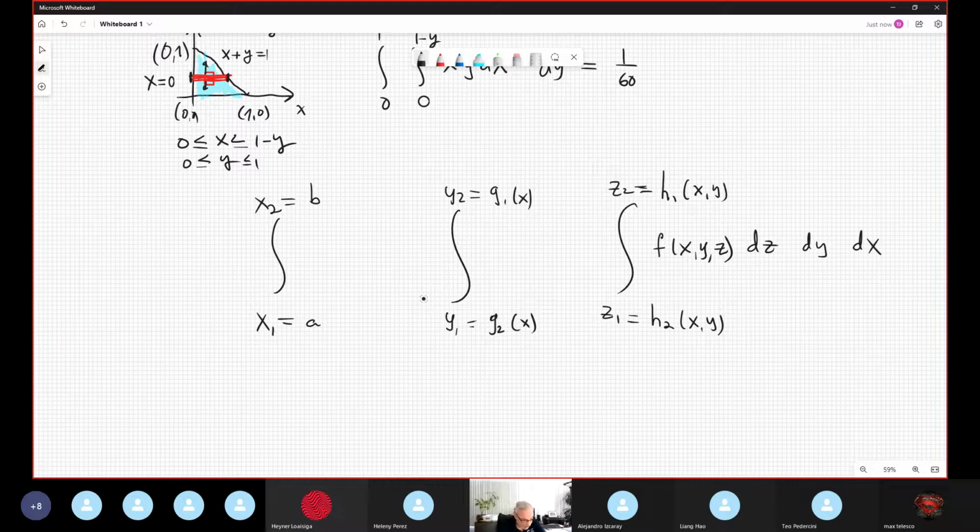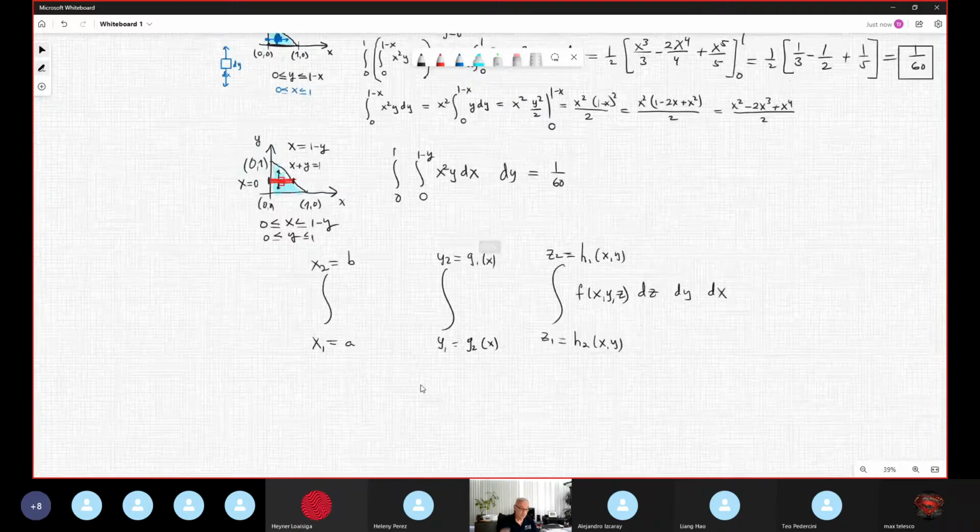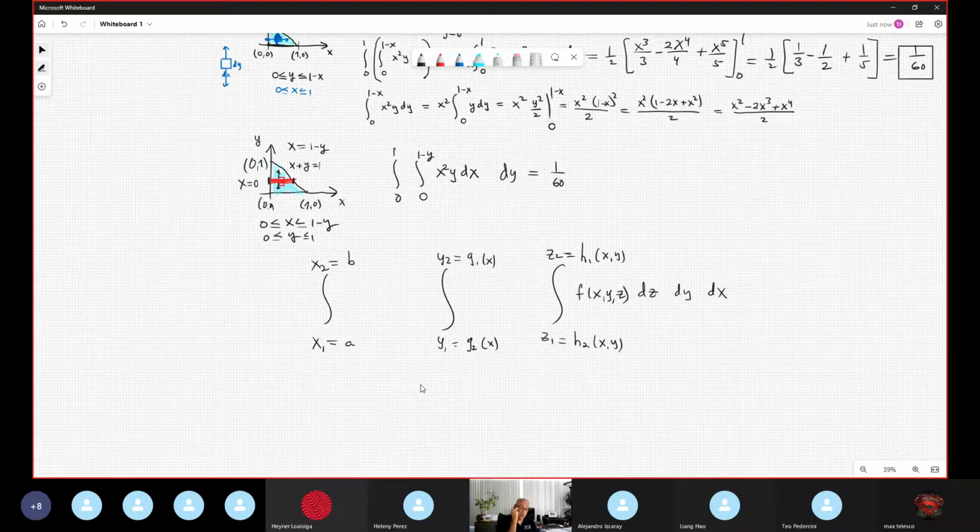Okay, I have another example. Very, very interesting. Let's do it completely. I want to do it by hand, I want to do it using Wolfram Alpha. Listen, what is the reason I insist on Wolfram Alpha?